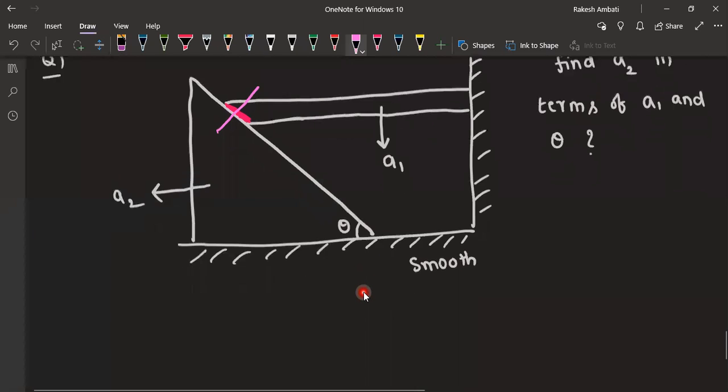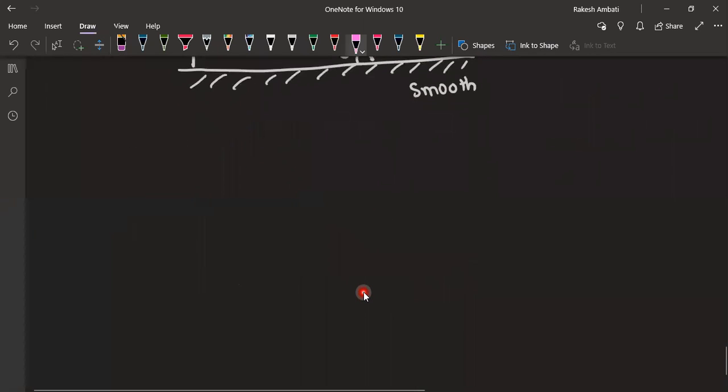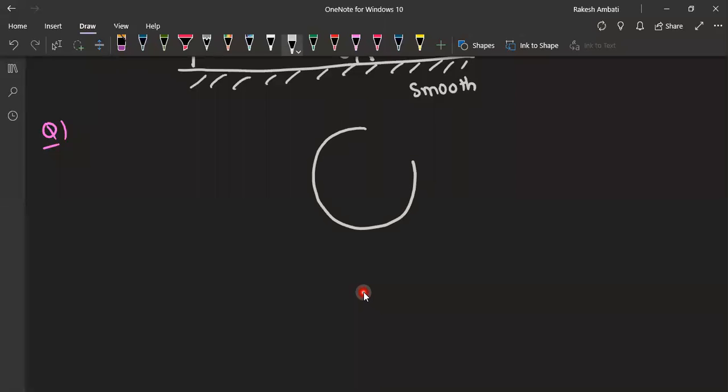Write down one more question. So here, for example, we have three identical spheres. Identical means same radius.